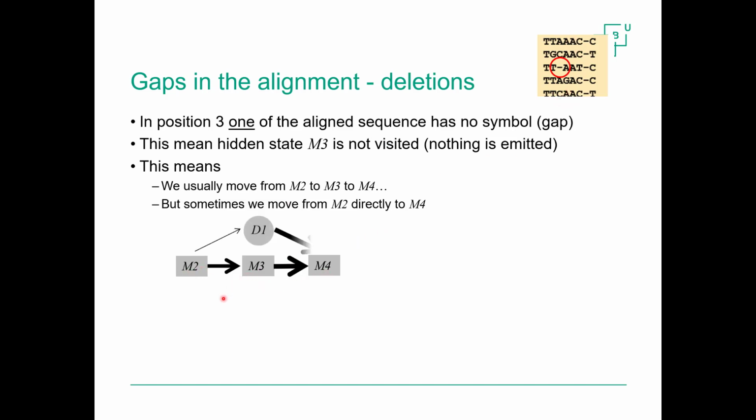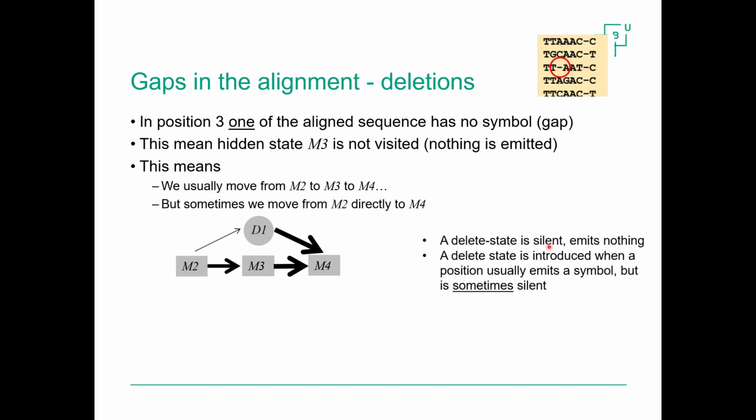But in some few cases, we are allowed to go into what we call a delete state. And this one does not produce any symbol. That's the big difference between the delete states and these M states, because all M states produce a symbol, these don't.